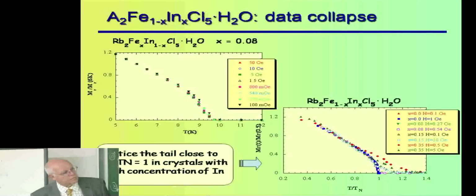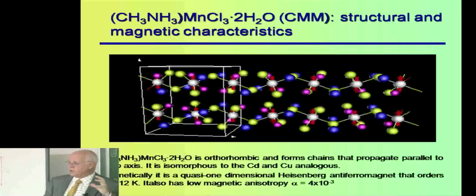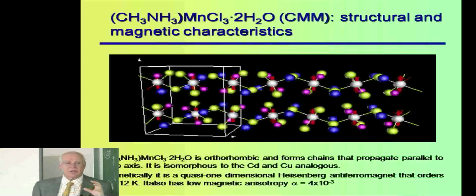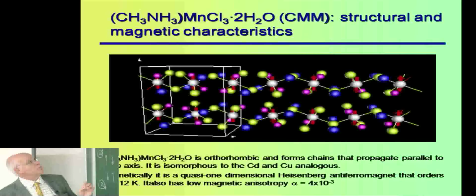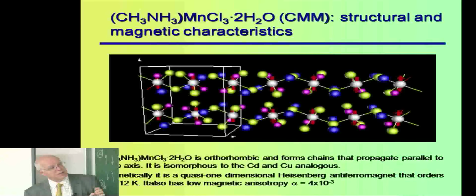We went to another one. Now we changed one thing. Instead of being three-dimensional, we are very isotropic, but with some low-dimensional character. Is this compound, which is kind of a linear chain of manganese.